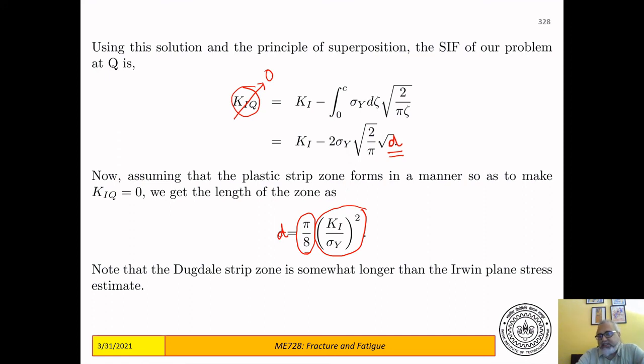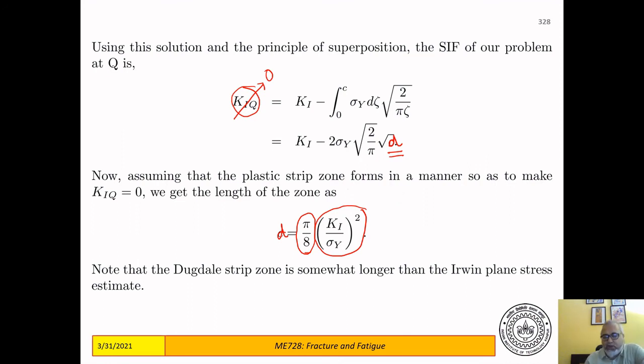There are three things that are very important here. First, all these estimates assume that small scale yielding assumptions hold, which means that K1 is what governs plasticity at the crack tip. The region of dominance of K1 is much larger than the plastic zone. The second thing to note is that K1 by sigma y squared is a length scale that governs plasticity.